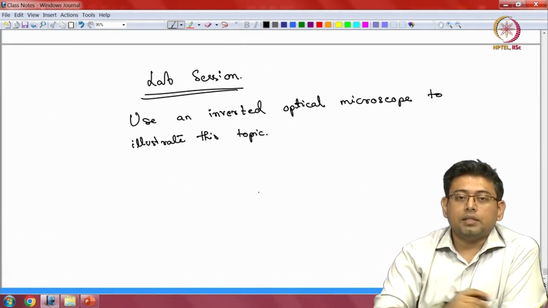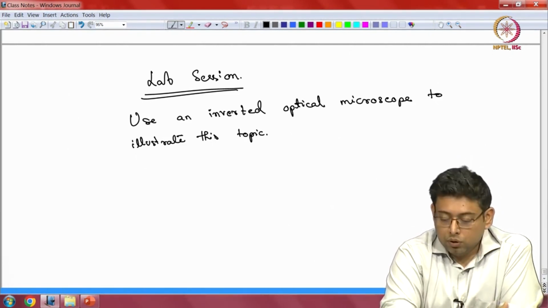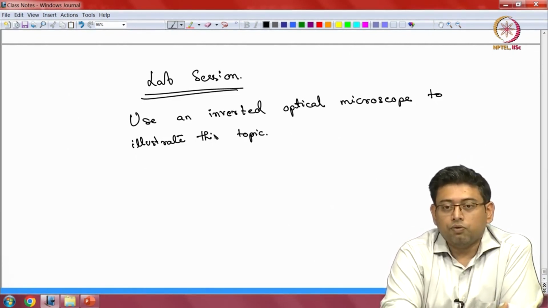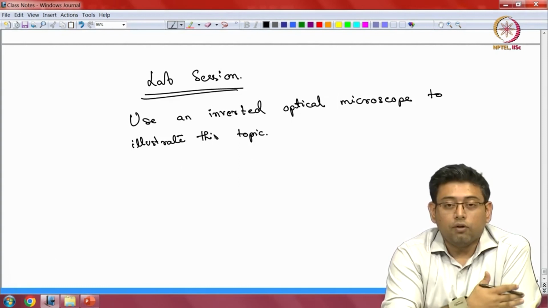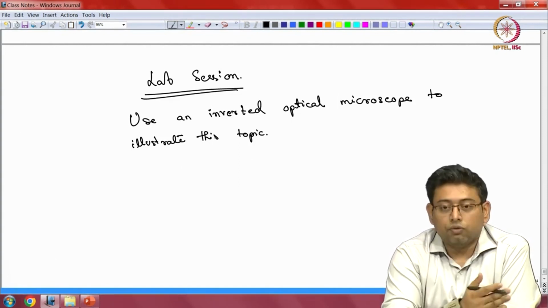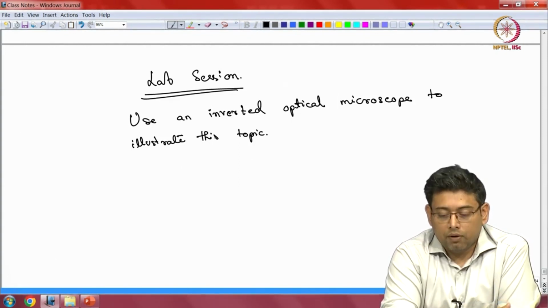We will use lights of different types. First, for example, we might use white light, which covers a certain range of wavelengths, to illuminate our object of interest.